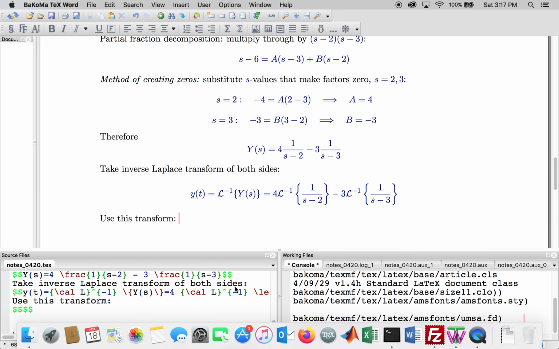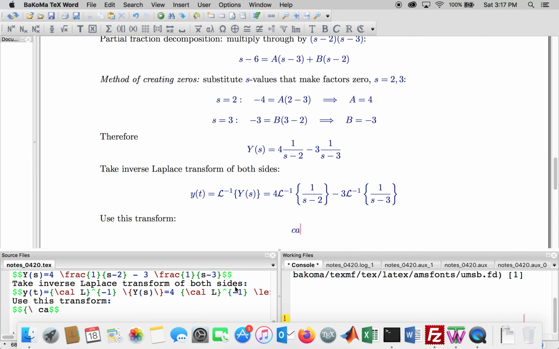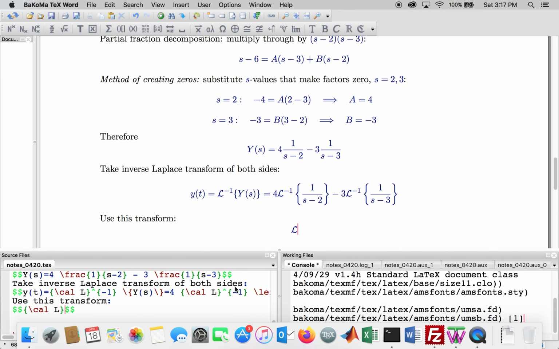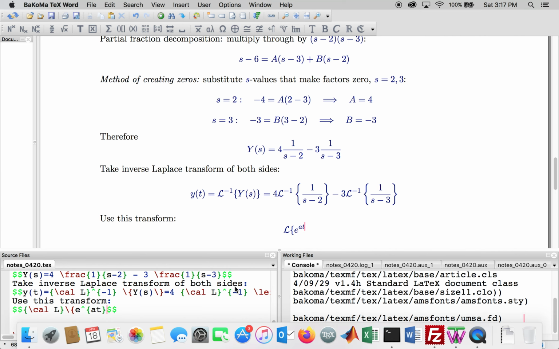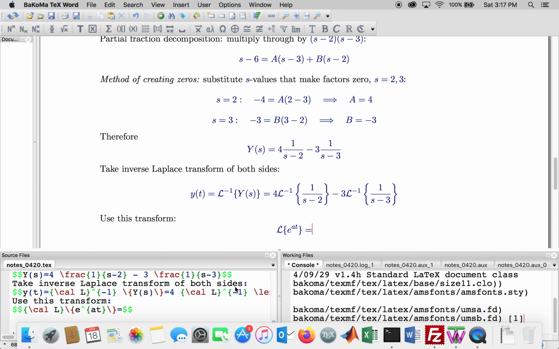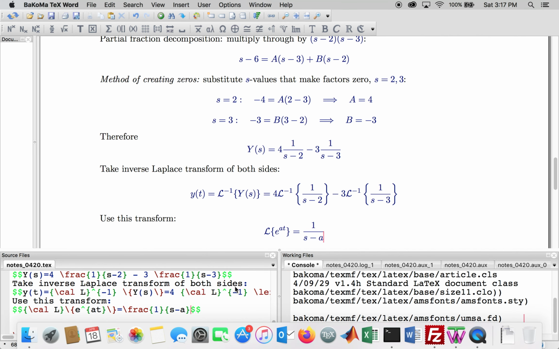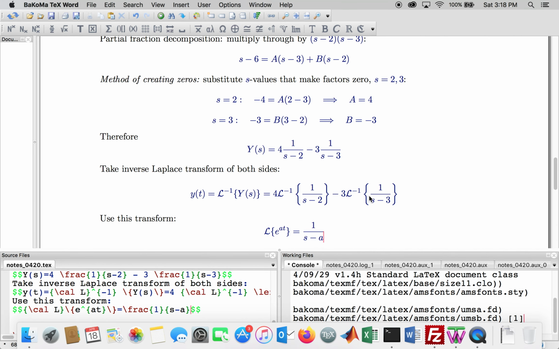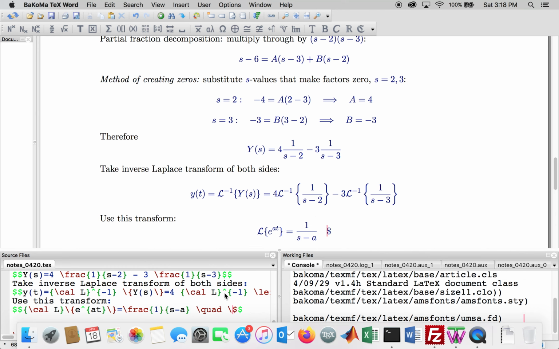So a transform that we saw previously is that the Laplace transform of e to the at is equal to 1 over s minus a, which is the same kind of expression that we see here for a equal 2 or 3.